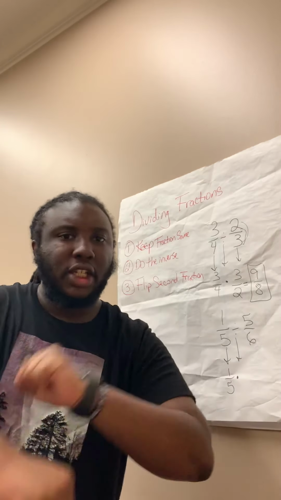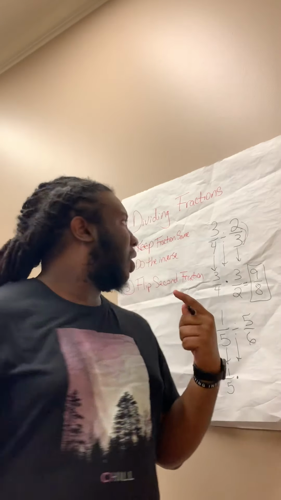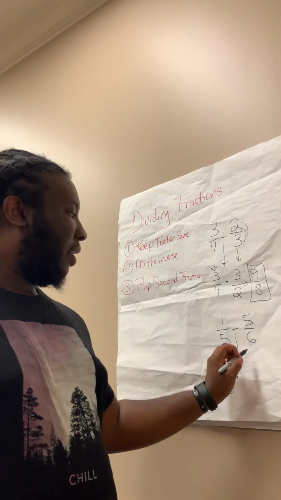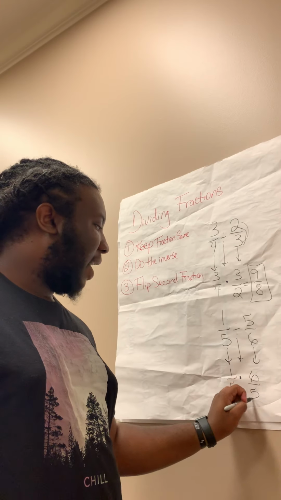Now, we've kept, we changed, but what's the next step? I keep forgetting it. Oh, that's right, flip. 5/6 simply becomes 6/5. How easy is that? And then what's the next step?